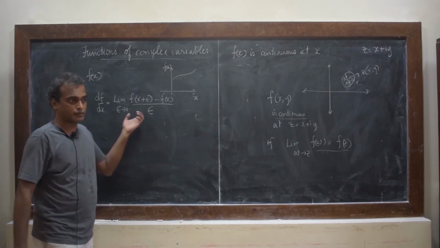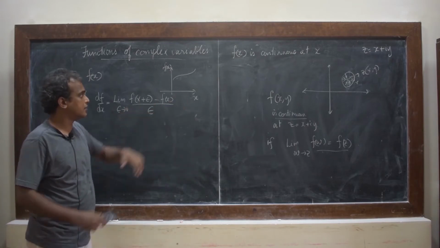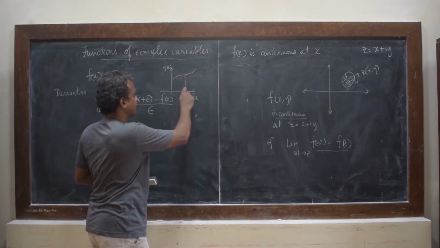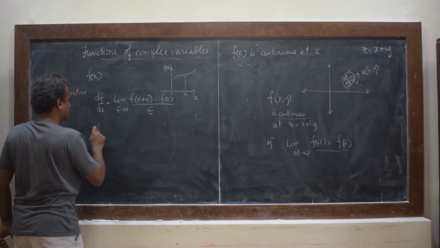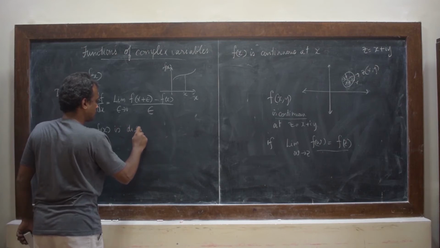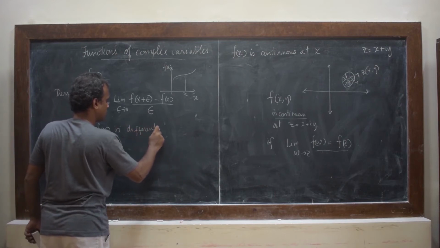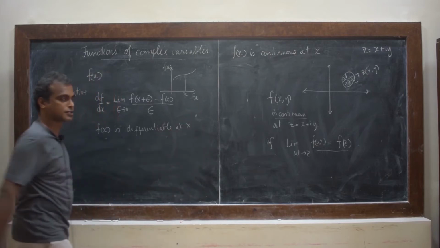If such a derivative uniquely exists at a certain point x, then we say that f of x is differentiable at x.